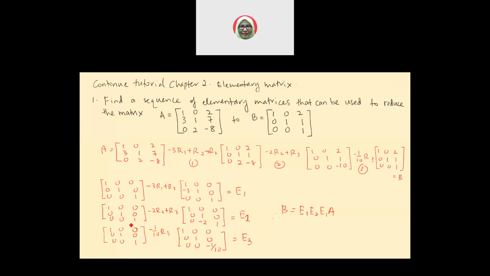The second row operation applied on the identity matrix gives E2. The third row operation applied on the identity matrix gives E3. So the conclusion: B equals E3 multiply E2 multiply E1 multiply A.